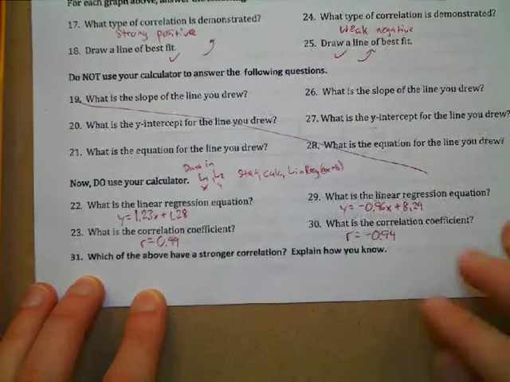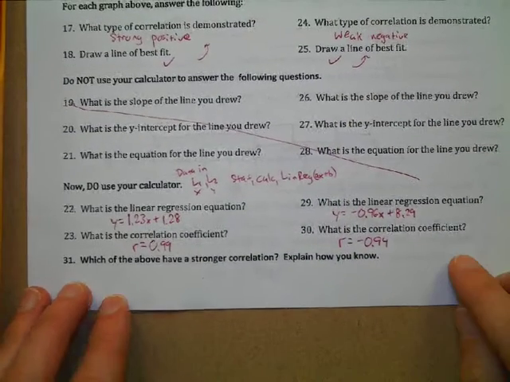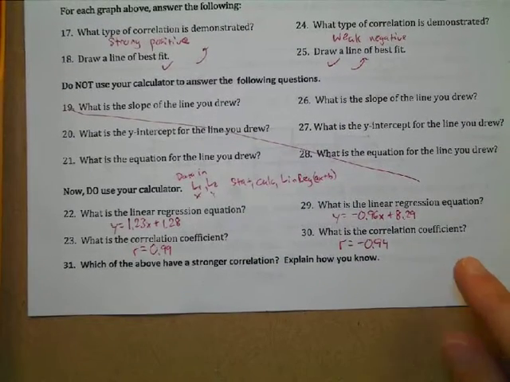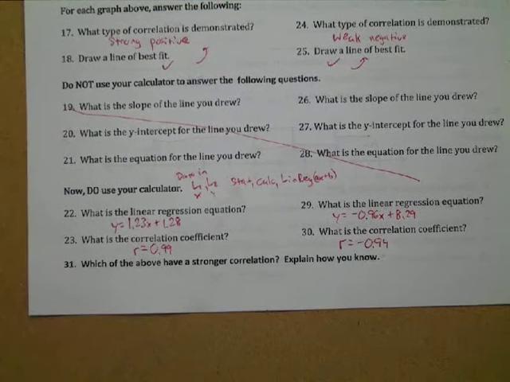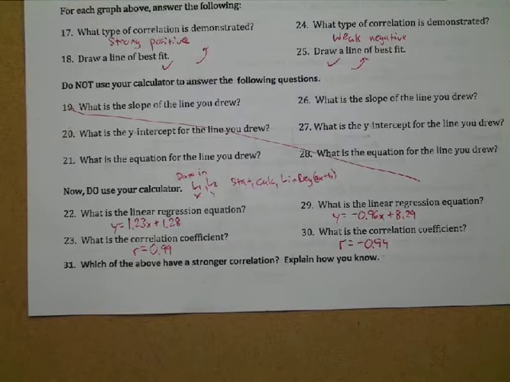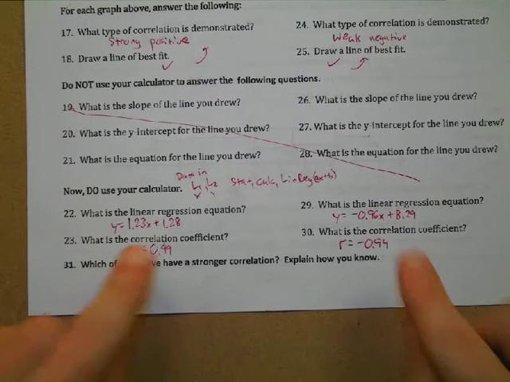And again, if you have that down by heart, then don't feel like you need to write it down. But if you think you might forget, you should write down those calculator commands. Data goes in L1 and L2, stat, calc, lin reg, ax plus b, okay? That'll give you your linear regression equations and your R values for the correlation coefficient.